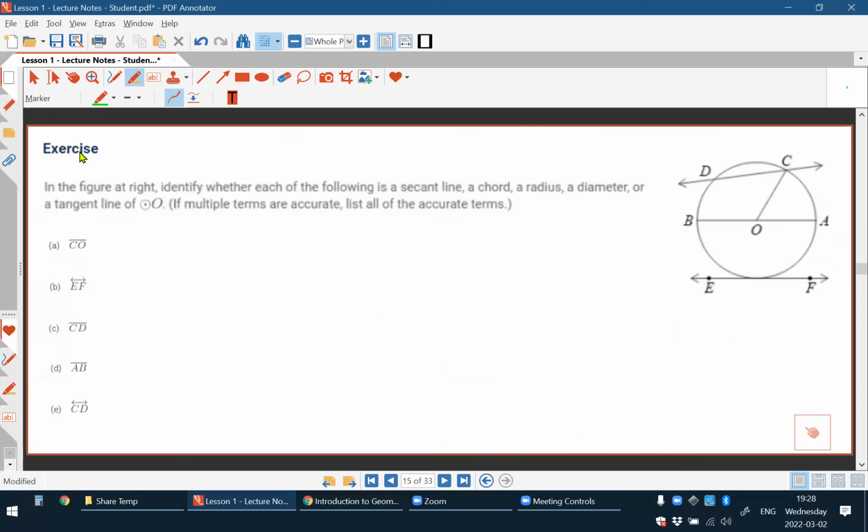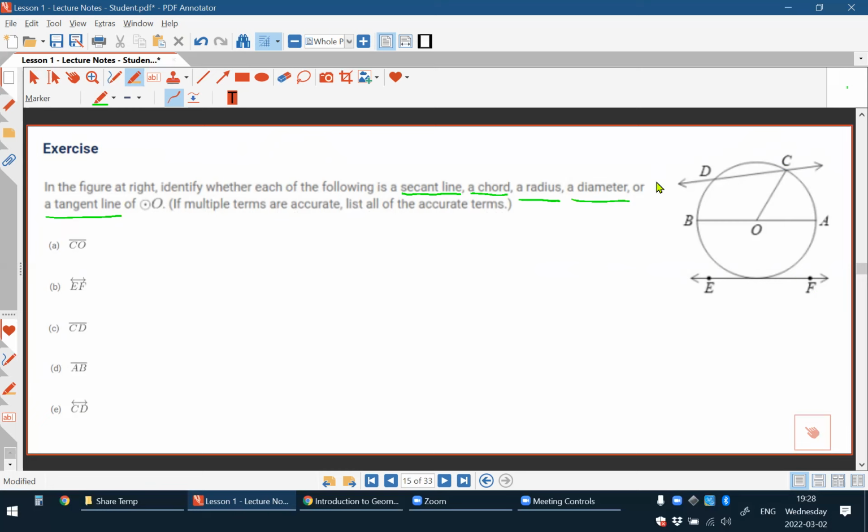All right, so you already know some concepts about a circle. So let's do an exercise in this class. In the figure at right, identify whether each of the following is a secant line or a chord or a radius or a diameter or a tangent line of circle O. If multiple terms are accurate, list all of the accurate terms.